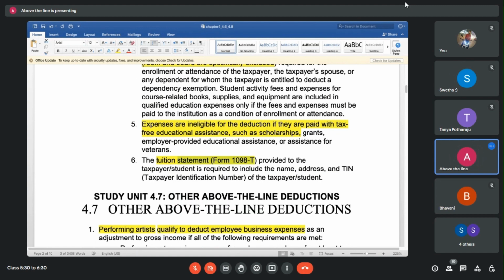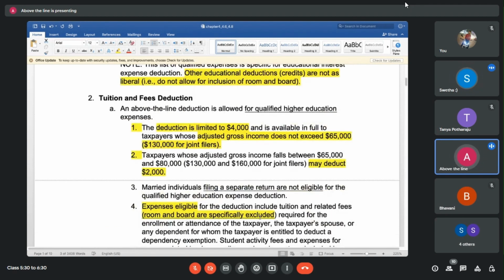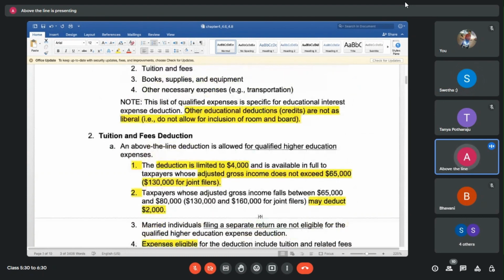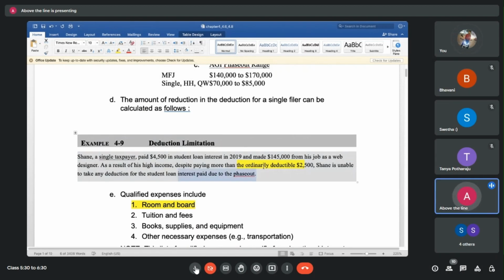Okay. They are not talking about American opportunity credit or lifetime learning credit and all, but those are also something we can consider. Due to the phase out, because of his income, first of all, we have to see what is the status.